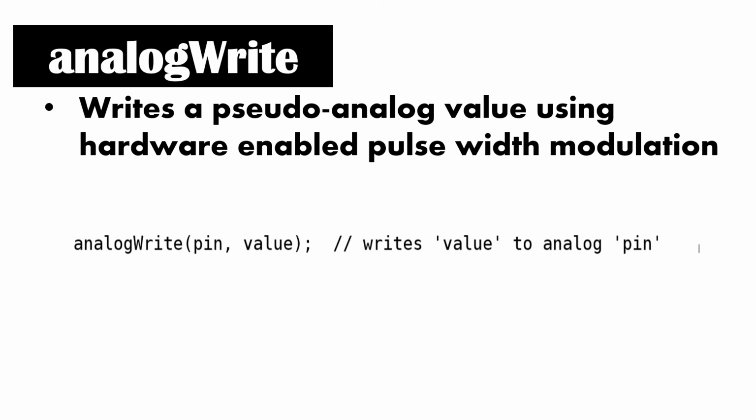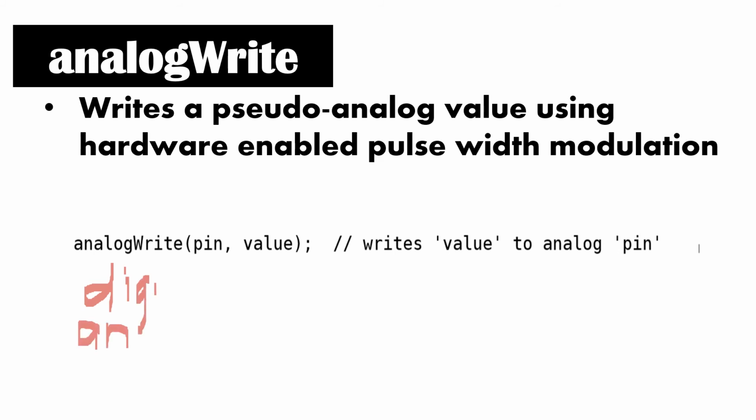AnalogWrite is the last code for today's circuit. So in this definition, it says here that it writes a pseudo-analog value using hardware-enabled pulse width modulation. Para mas maintindihan natin yung definition ng analogWrite or description ng analogWrite, let's go back with digital signals and analog signals.